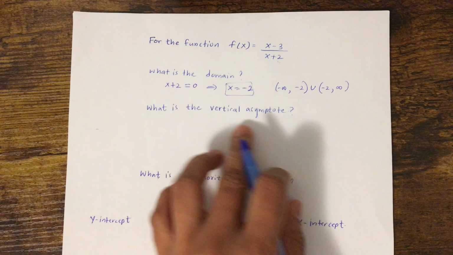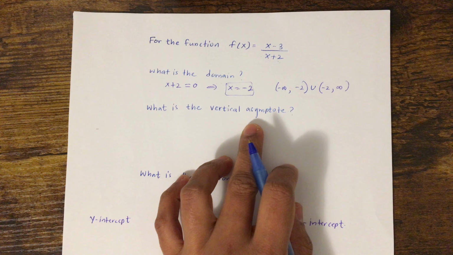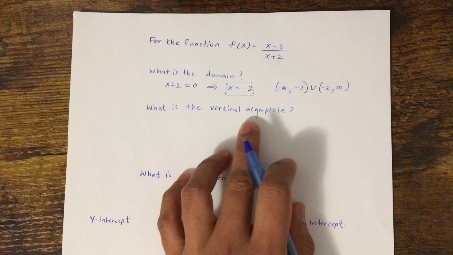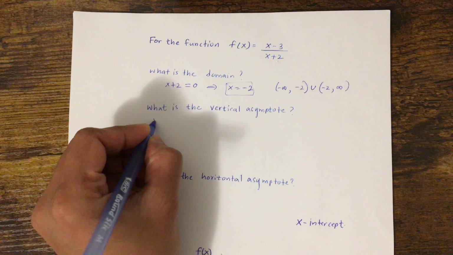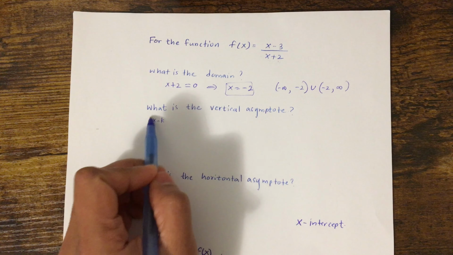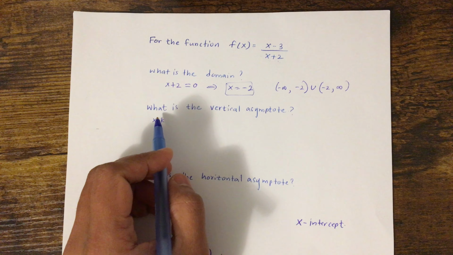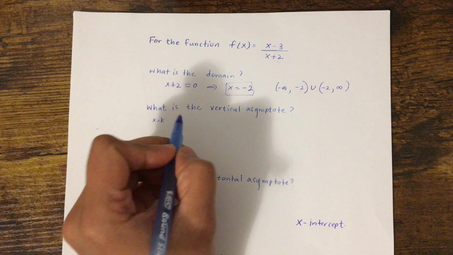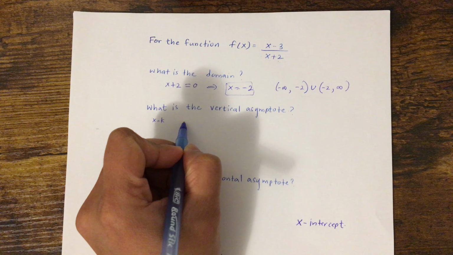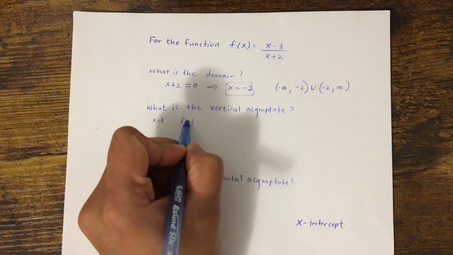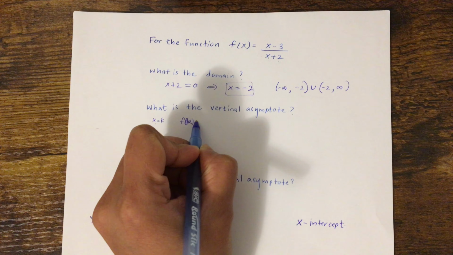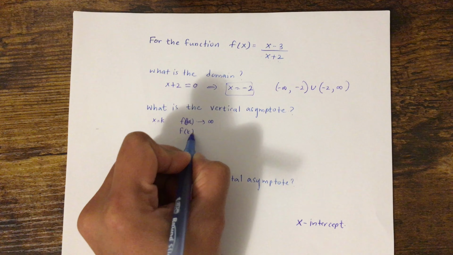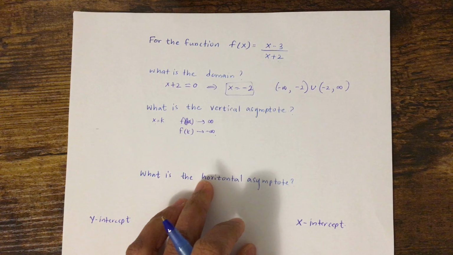Now let's look at the vertical asymptote. So how do you find the vertical asymptote? At a vertical asymptote, for example x equals k is your vertical asymptote, then at x equals k, f of x goes to infinity, or f of x goes to negative infinity.